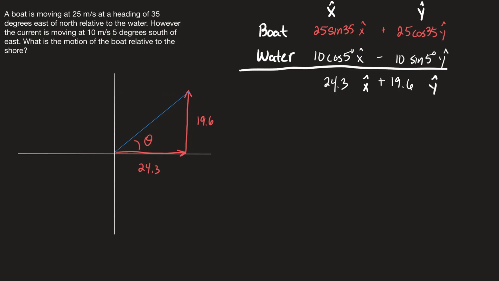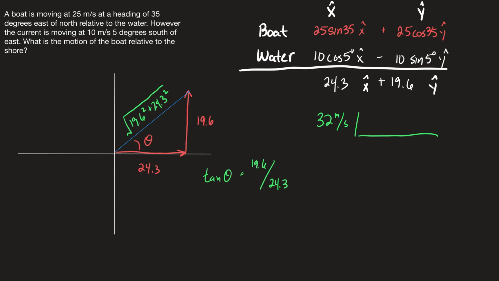All right, here we go. So I need my total, which is going to be the square root of 19.6 squared plus 24.3 squared. That's where we're going to get our 32 meters per second. But I need to get my angle as well. So I know tangent of theta is going to be 19.6 divided by 24.3.